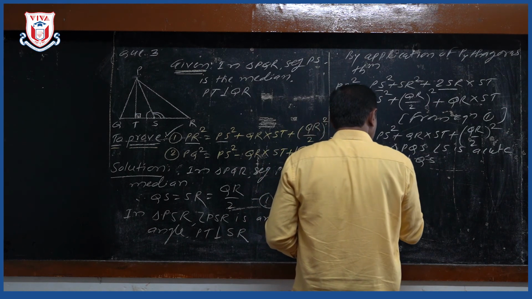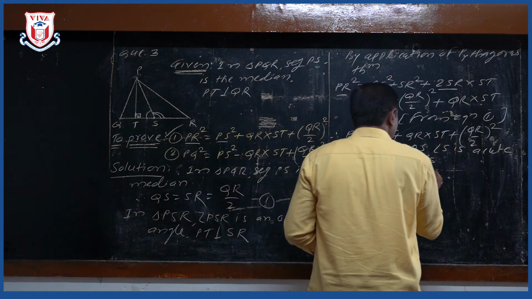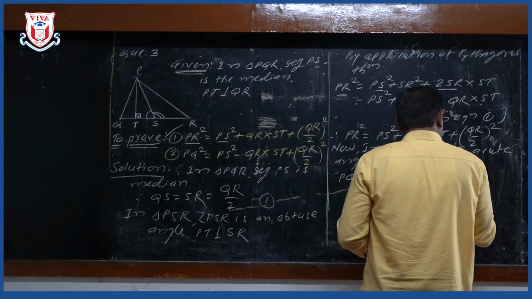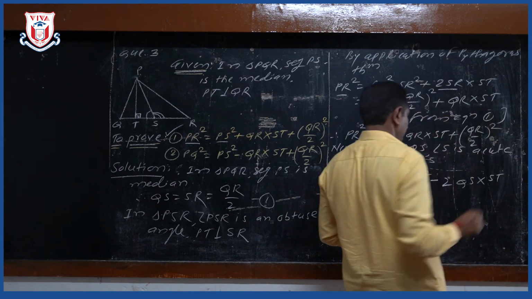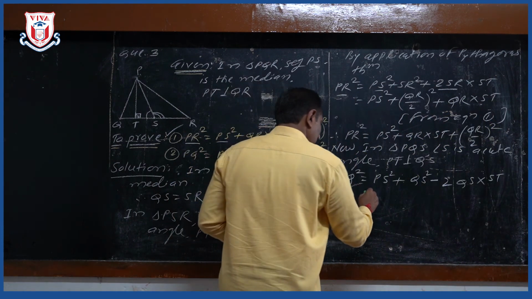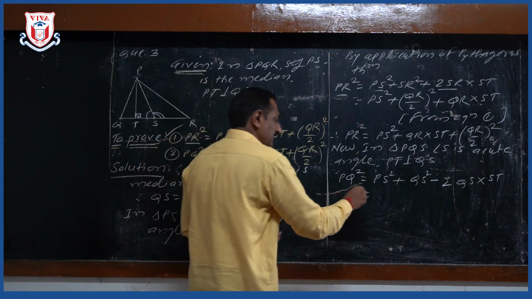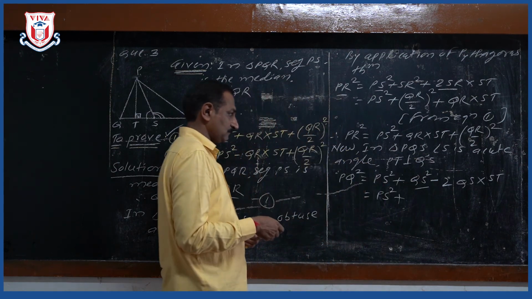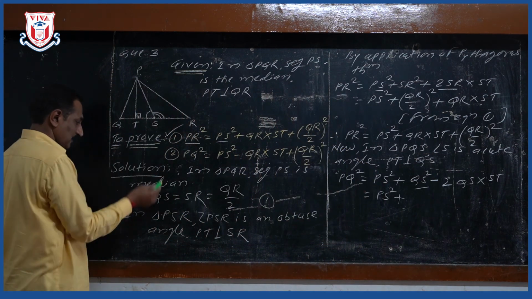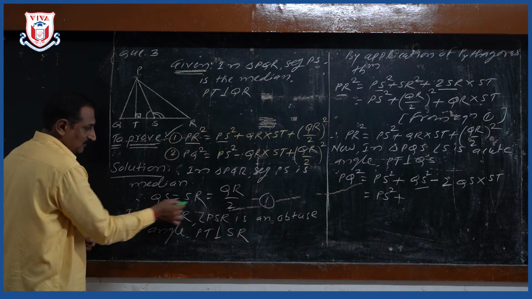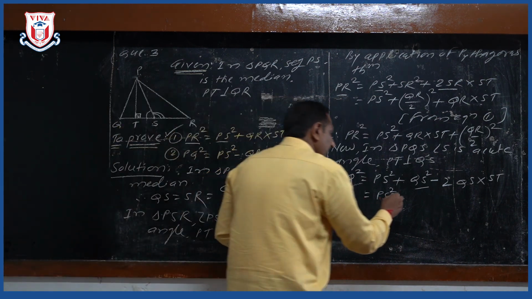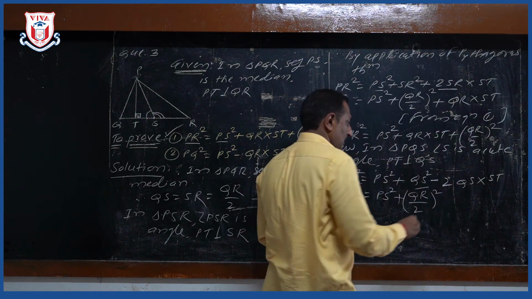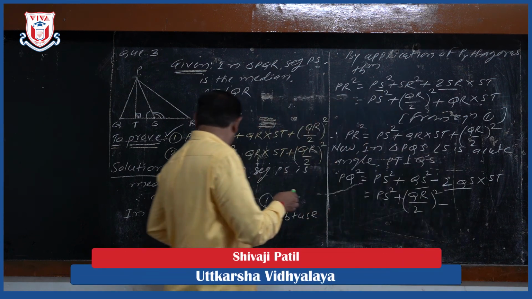PS square plus QS square minus, if acute angle is given, then minus 2 times QS into ST. Now, this is equal to PS square as it is plus, instead of QS, where is QS? In equation first, QS is equal to QR by 2. I substitute this, QR by 2 bracket square minus 2 QS.